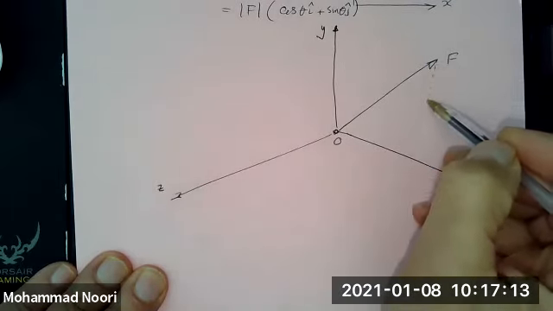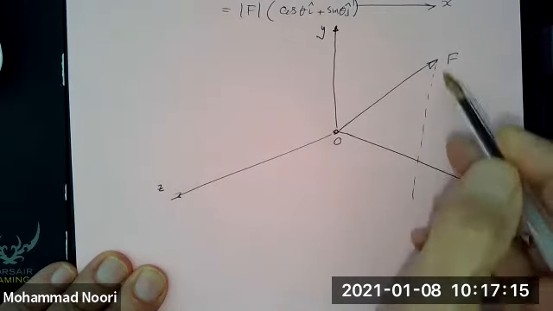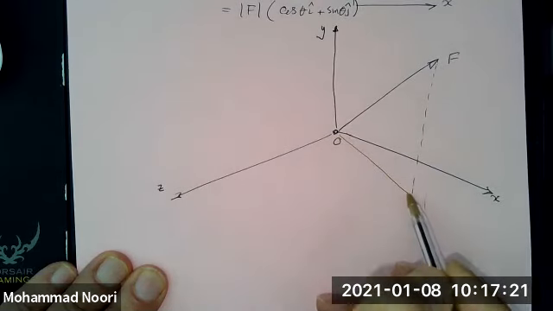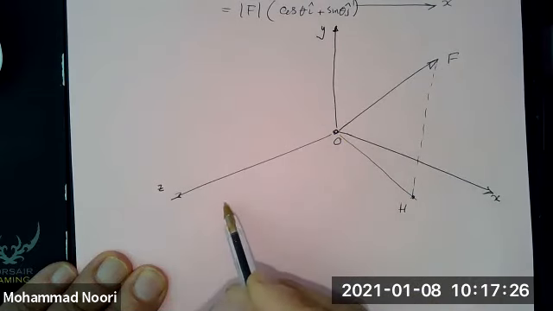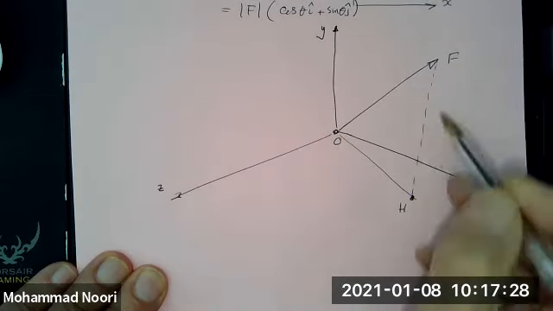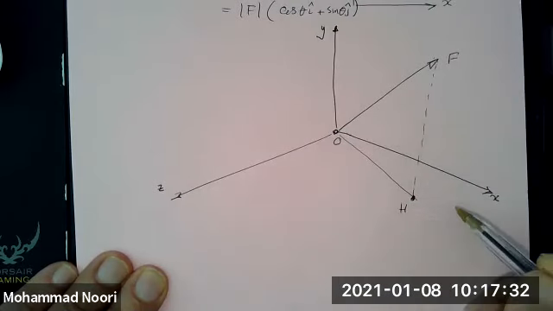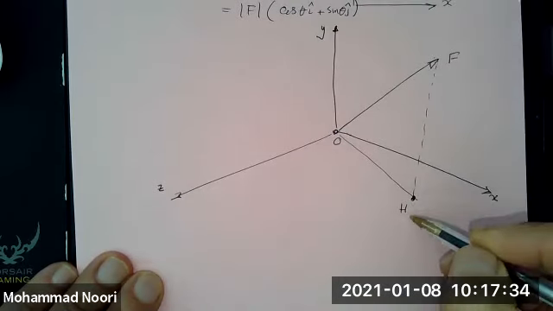You can find the components by simply projecting that force onto one of these planes. Let's say this plane xz. So the projection of the tip of this force on this xz plane is H.